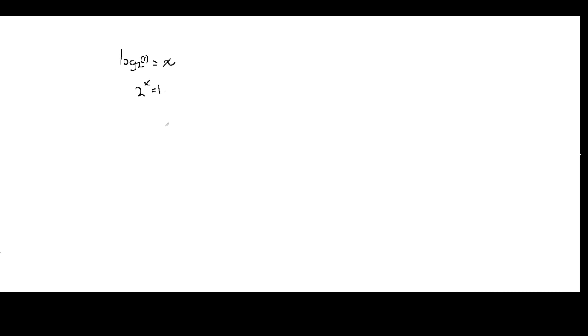At first this might seem kind of weird, but once you remember that anything to the power of 0 equals 1, it's simple. So x must equal 0. That applies for every single number: as long as there's a 1 in the argument, your solution is 0. And a good way to remember that is what my math teacher told me.